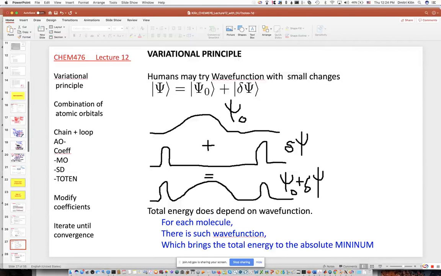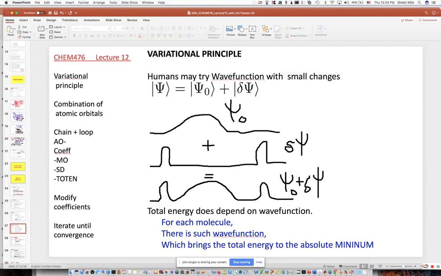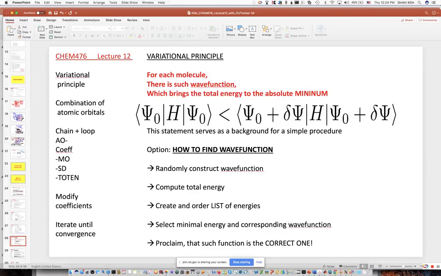So the theorem is that if you find the expectation value of the Hamiltonian, the total energy, in the ideal wave function, that is the absolutely correct solution, then in any wave function that is different from the ideal wave function, the total energy will be bigger.